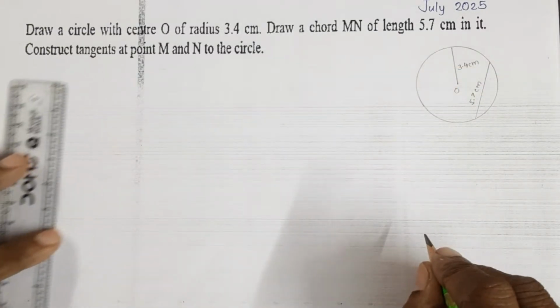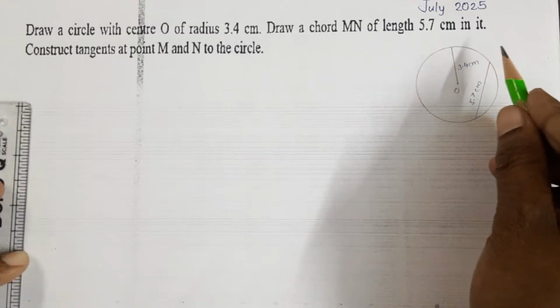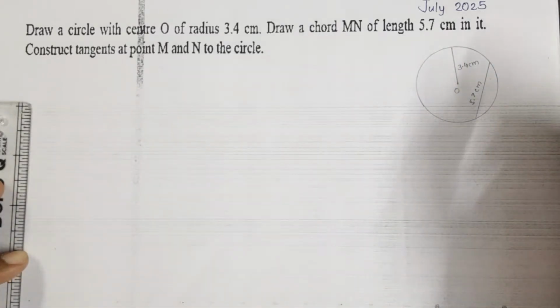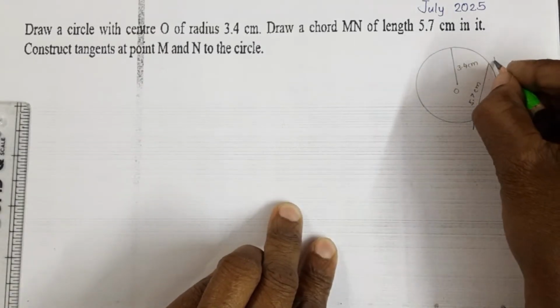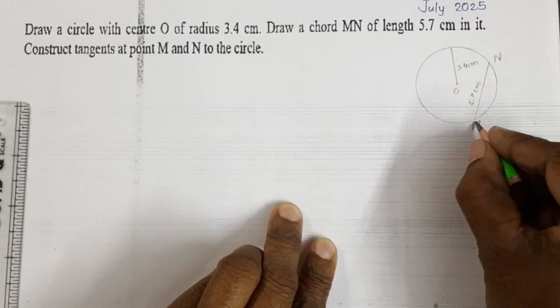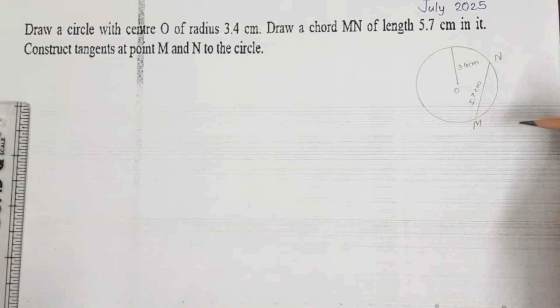Okay students, then here construct tangent at points M and N. Okay, the name of the chord is MN. So here also we have to draw the tangent. We have to draw the tangent passing through the points M and N. Okay, so that means students, here without using the center, we draw the tangents.